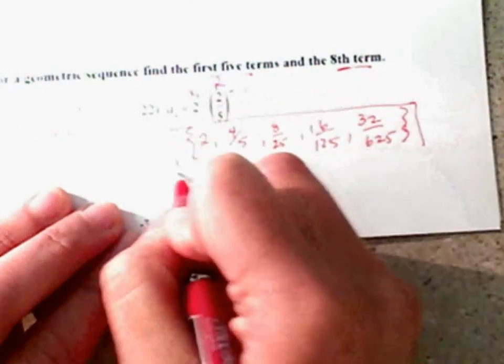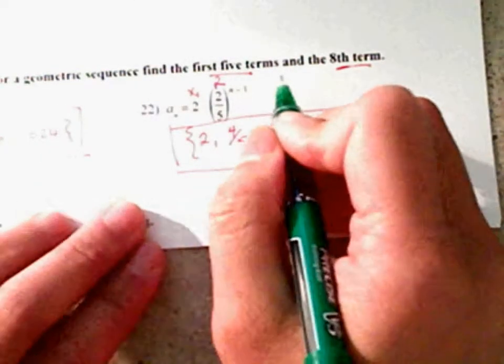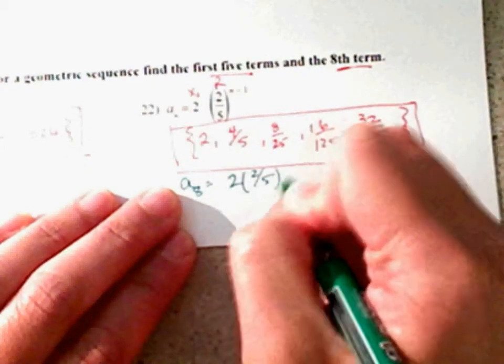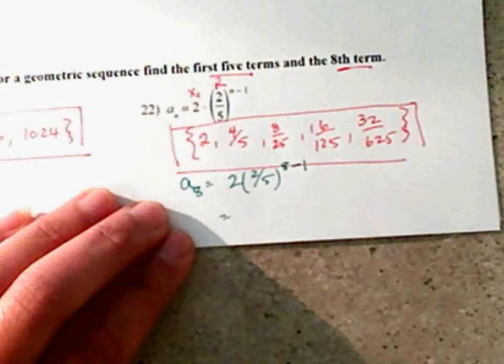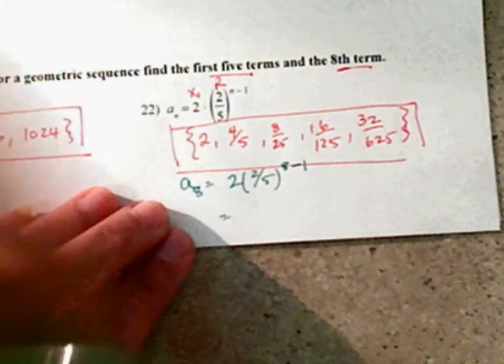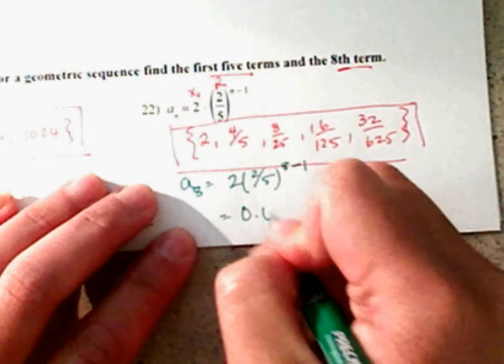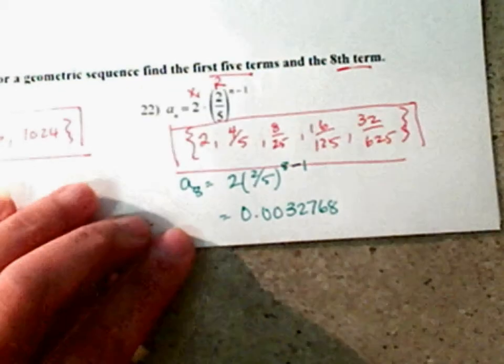Explicit formula? Nope, we're just looking at the 8th term. So for the eighth term, I'm going to have 2 times 2 over 5 to the 8 minus 1. 2 parentheses, 2 divided by 5, raised to the 7 comes out to be 0.003278. And there you have number 22.